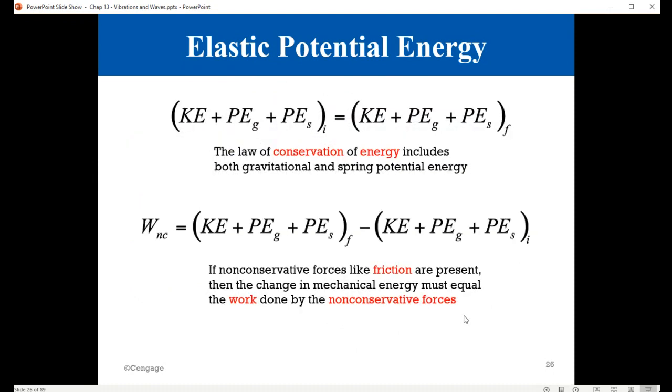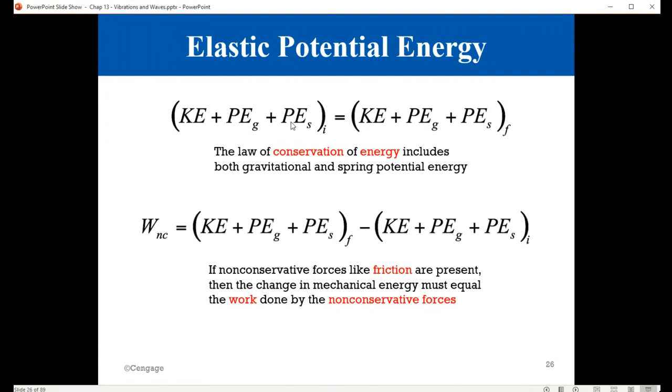As we learned in Physics 1, mechanical energy for conservative forces is conserved. Elastic force is a conservative force. So the total mechanical energy at the initial position is equal to the total mechanical energy at the final position.